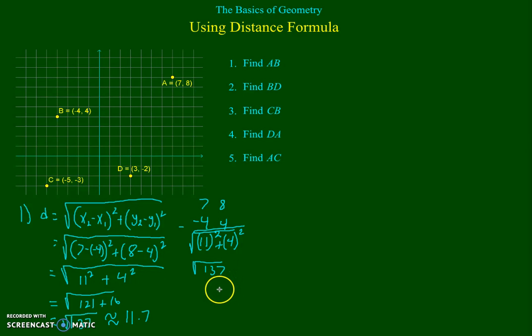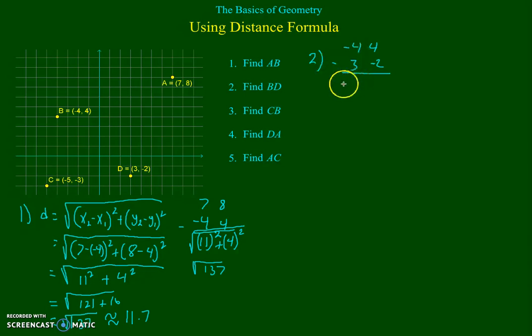Alright, let's move on to number 2. So we'll go up here to do number 2. This time we're looking for BD. So it's negative 4, 4, and 3, negative 2.